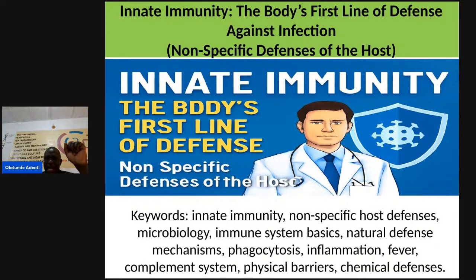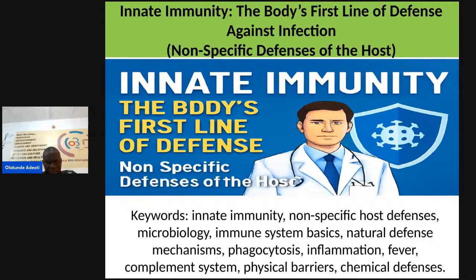Just like I said, that's the body's first line of defense. It is the immune system that we are actually born with. It is the first line of defense that any pathogen or parasite or foreign body is going to encounter whenever there is a host immune system interaction.